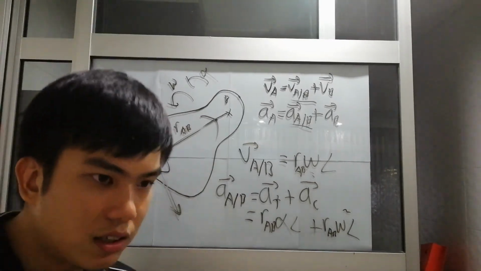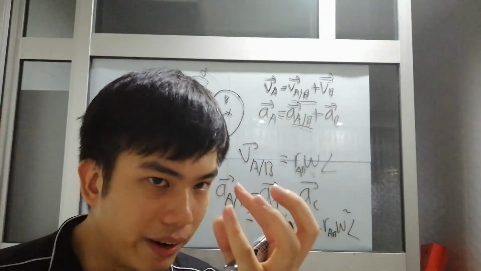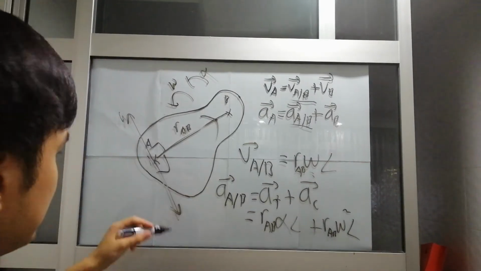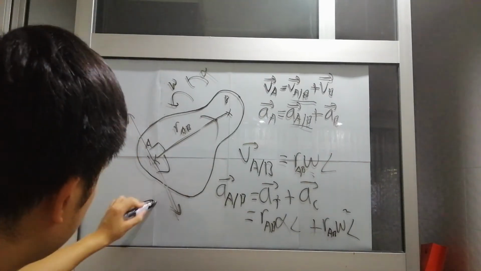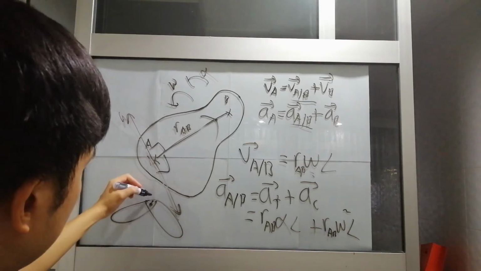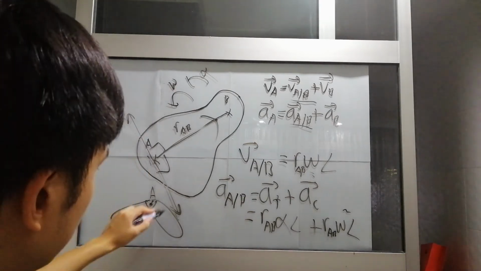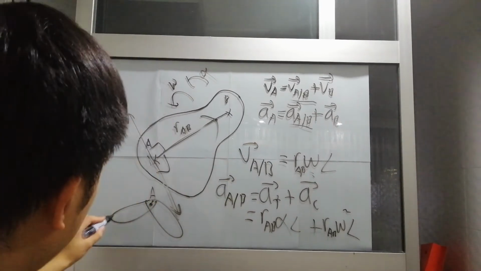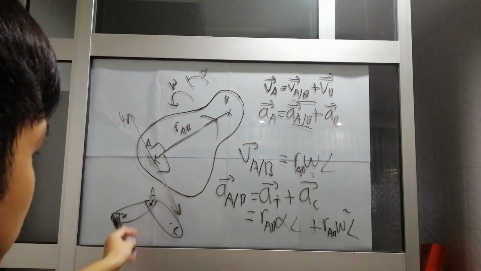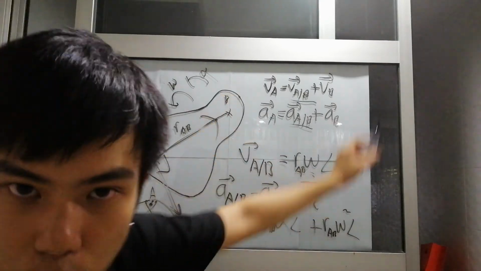Now, another most important understanding is that one single point can simultaneously belong to two different bodies. For example, let's say I have a hinge, and this bar here. If they are connected by one hinge here, this hinge is a point A. This point A belongs to this body, and it also belongs to this body. In other words, if I have a point B here and a point C here, point A can relate with point B with this equation, and point A can also relate with point C with this equation.